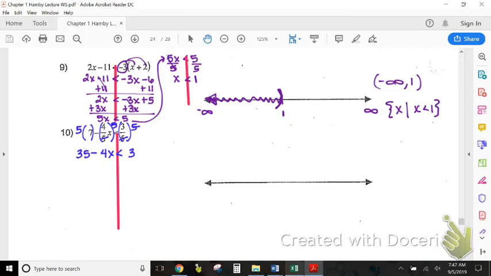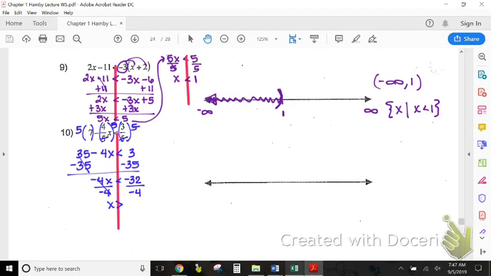And then that's just what we've been doing, isn't it? So let's subtract our 35. So negative 4x, my inequality, negative 32. Divide by negative 4. What happens when I divide by negative 4? Flip the sign, and what is that? What's negative 32 divided by negative 4? What's a negative divided by negative?